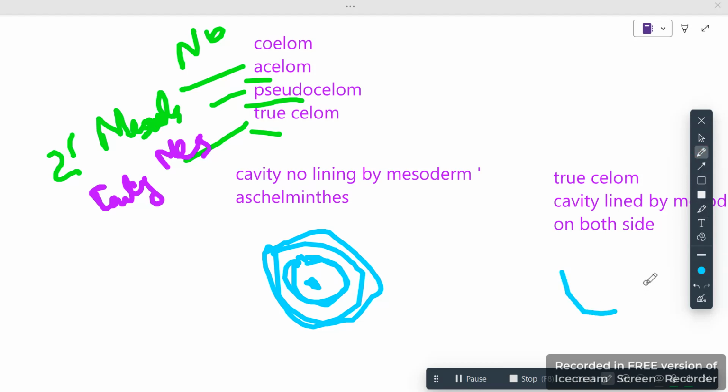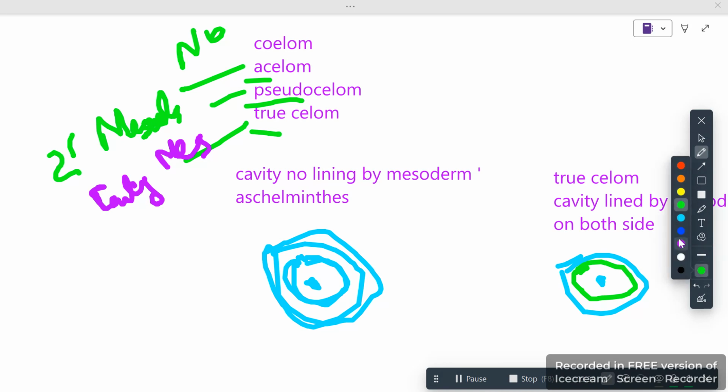If this is the body, here we have the body wall. I'm not making it completely. Here we have the alimentary canal. Near the body wall there would also be a covering, a layering lined with the mesoderm.